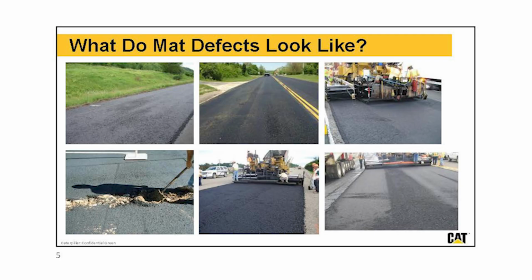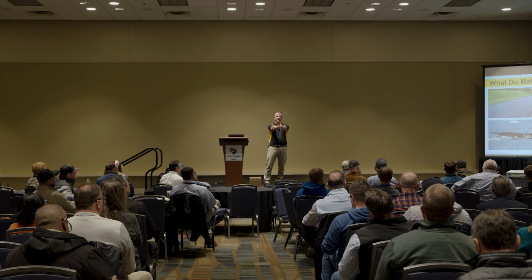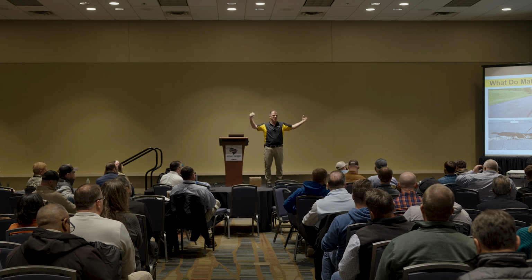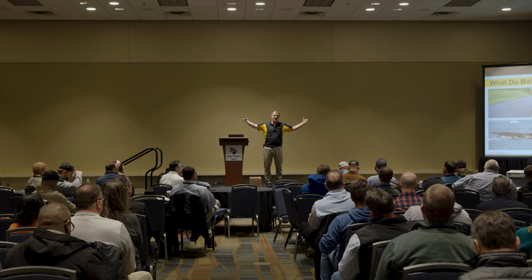What do mat defects look like? Well, they look like lots of things, right? Lots of different things we see. In a perfect world, if I've got that paver set up properly and I'm doing things, quote, properly, that mat texture should look the same all the way from one end gate to the other, full width. I shouldn't have segregation.